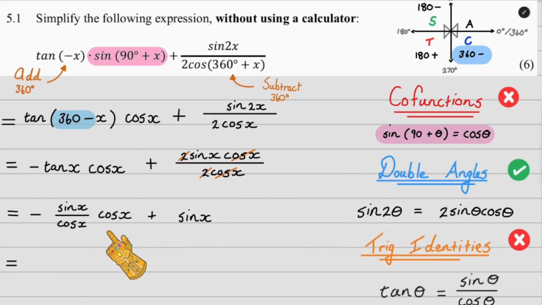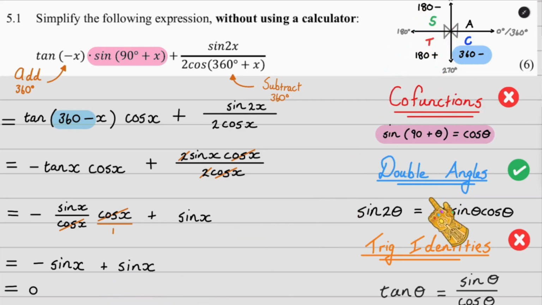Now I can also cancel things over here, and quite a nice way of seeing it is this cos x, I can put it over 1, and after I do that I can cross cancel with these two fractions. So I can cancel the cosines over here, and after I cancel the cosines I'm just left with minus sin x over there. And then I've got minus sin x plus sin x, which will give me a crispy little 0. It's like saying minus 7 plus 7. It's 0. Geez, all that hard work for a crispy little 0.